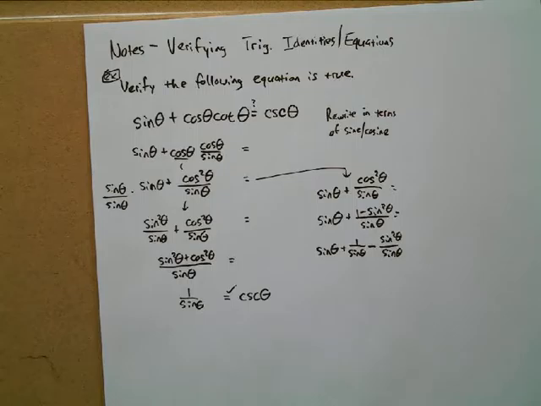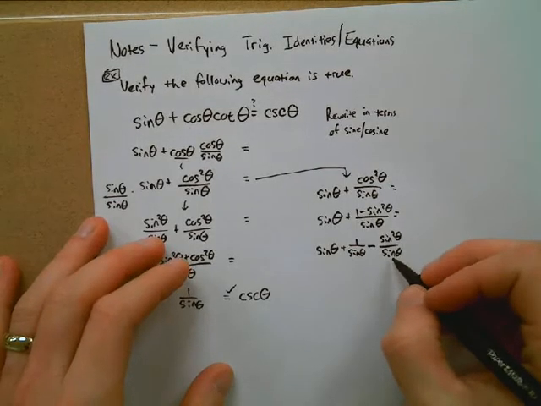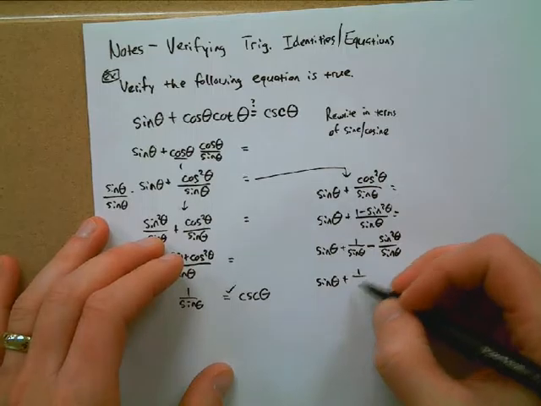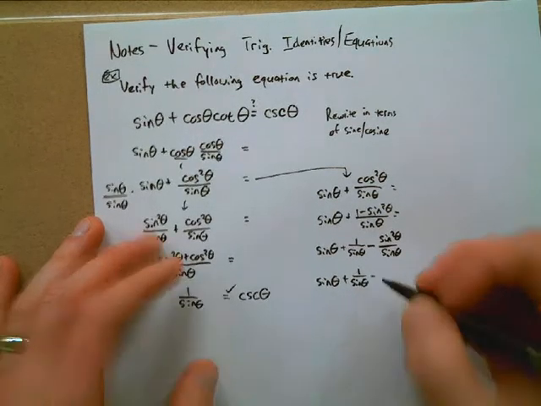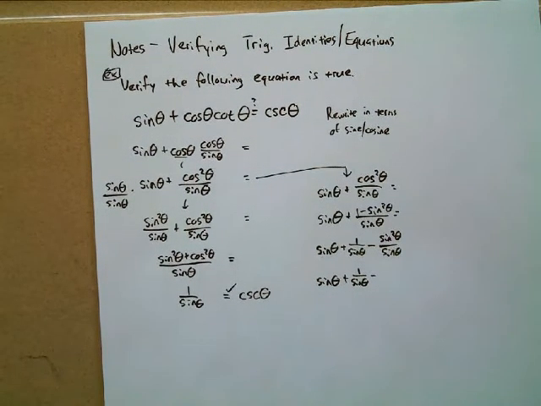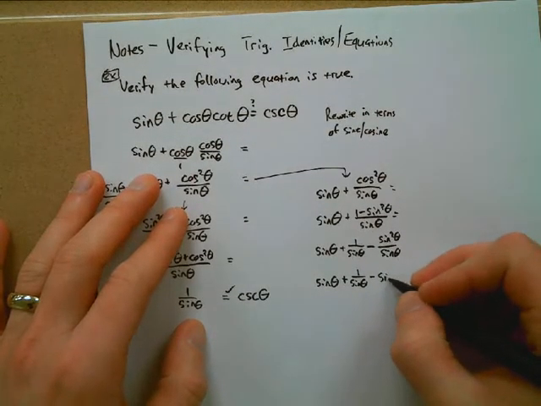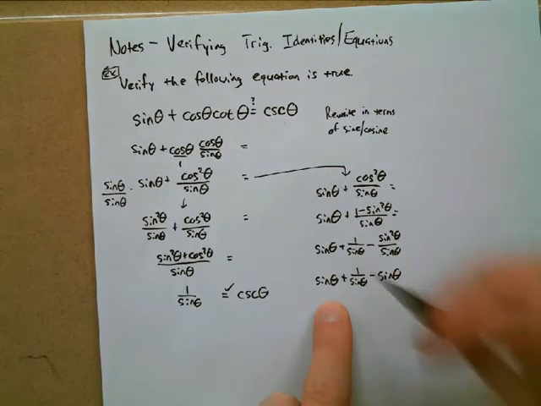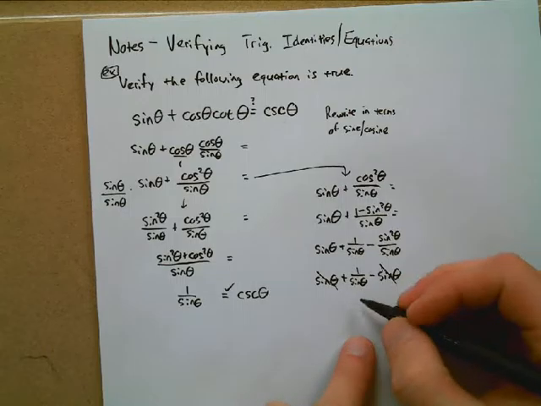If you have sine squared divided by sine, it's going to be sine again, right? If you have x squared divided by x, it's just x. So we have a positive sine theta and a negative sine theta, so they'll cancel. We're left with 1 over sine theta, which again is equal to cosecant of theta.